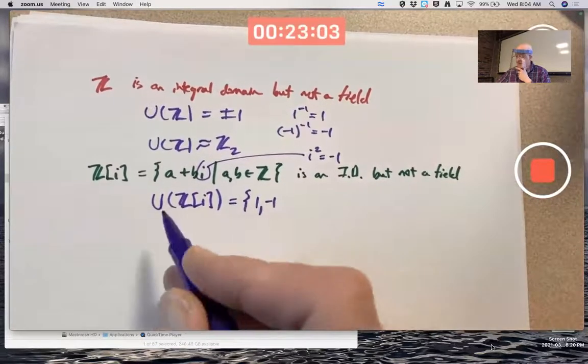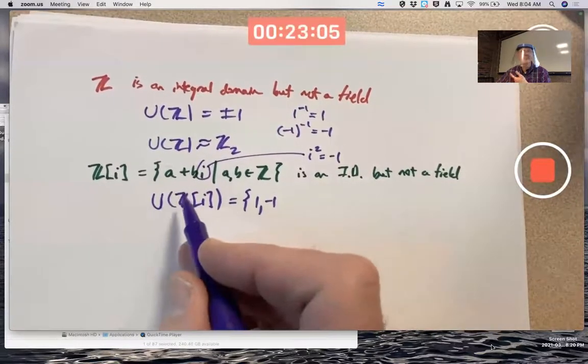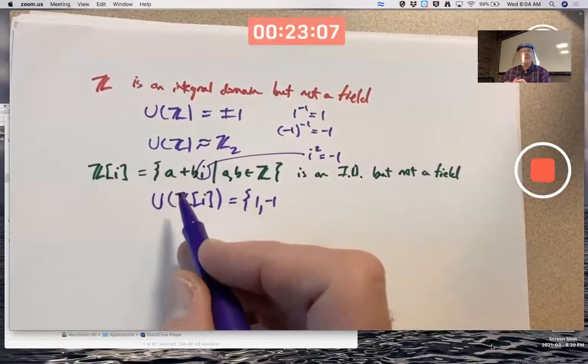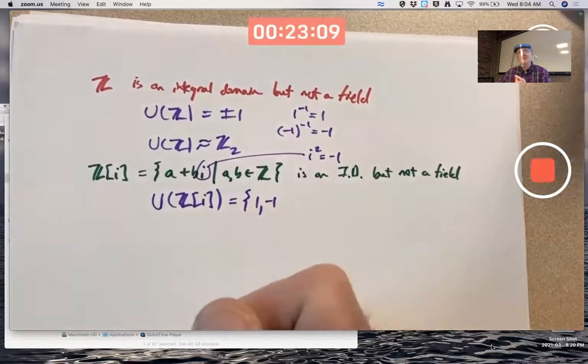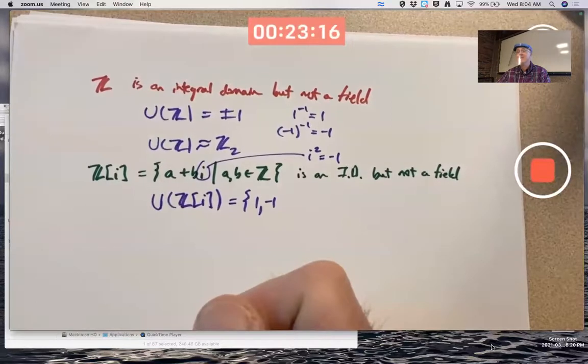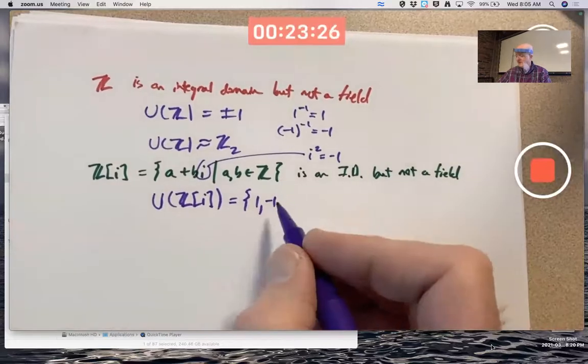And those are of this form. 1 is 1 plus 0i, and -1 is -1 plus 0i. The b in both cases is 0. I claim there are 2 more elements with multiplicative inverses here. Got a guess as to what they are? i and -i, yeah.